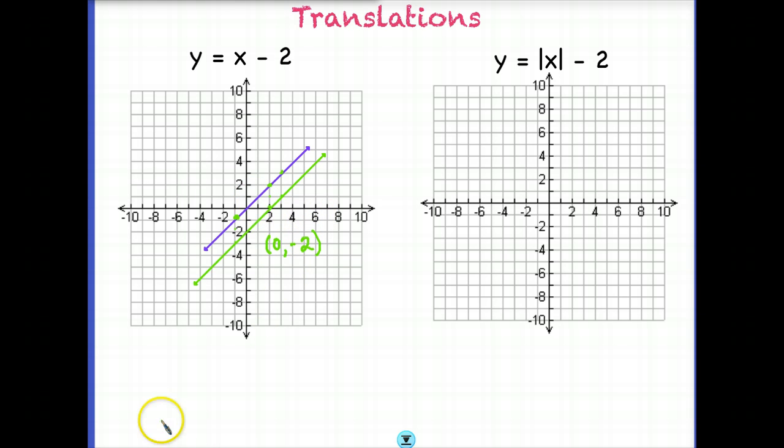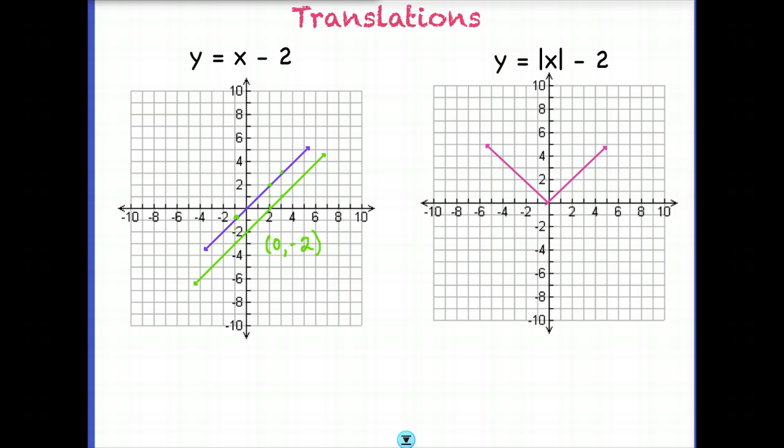Let's look now at what happens with our absolute value. Okay, so I went ahead and drew in our parent function. So what do you think is going to happen to this parent function? Well, if we look up here, minus 2, and based on what happened in our linear equation, we can predict that this whole absolute value equation is going to pick up and drop down to the minus 2.